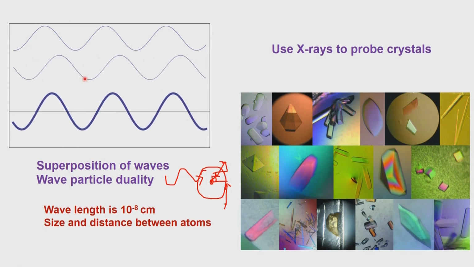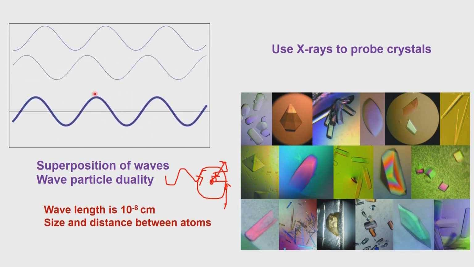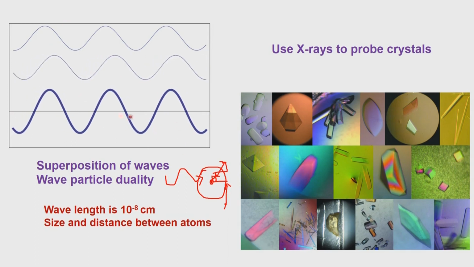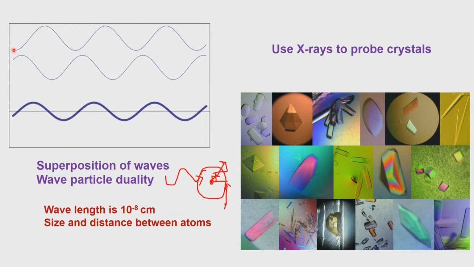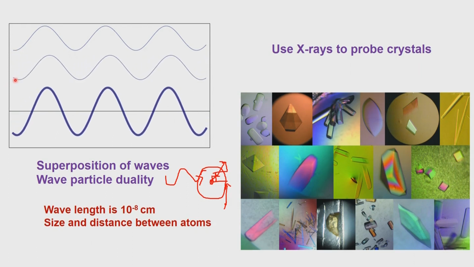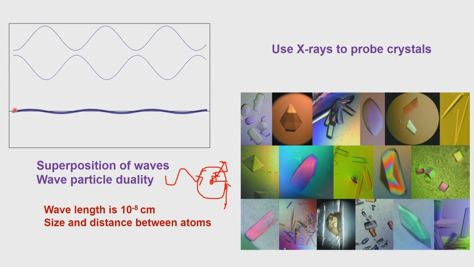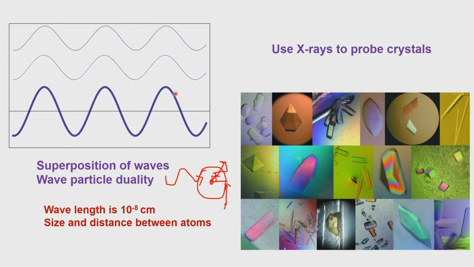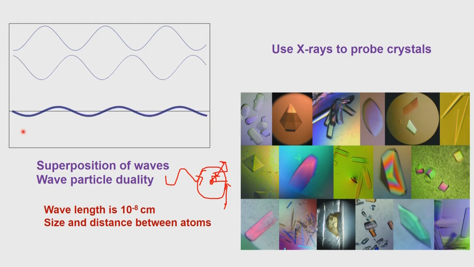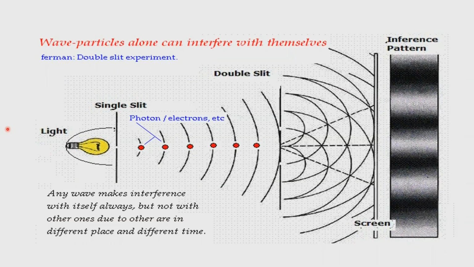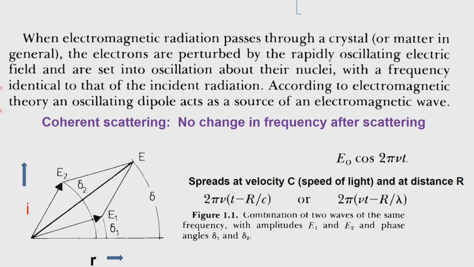Then we can combine E1 and E2 and get the resultant associated with E1, E2, and therefore, you see that if this is the phase associated with E1 delta 1, this is the phase associated with delta 2, then we see that the phase associated with this will be delta, which is a combination of delta 1 and delta 2. So, if we consider it that way, we go back to that picture and we see therefore, we have an E1 and an E2, the resultant vector is along the E direction, and so this is the corresponding delta value.